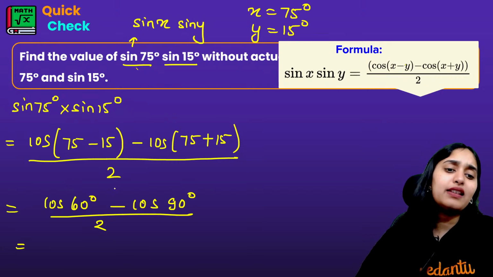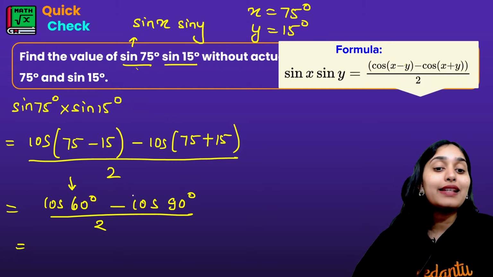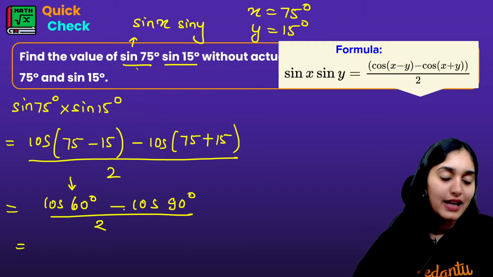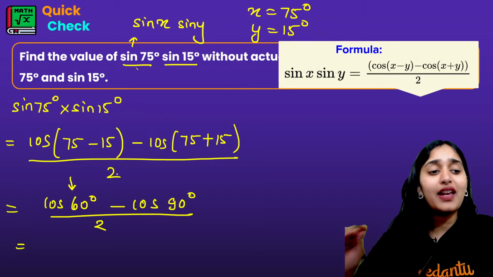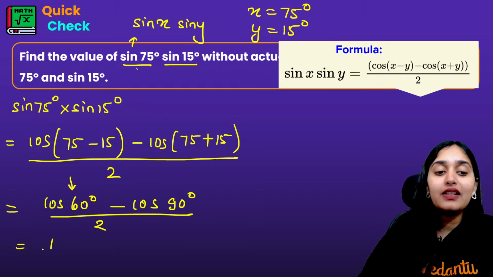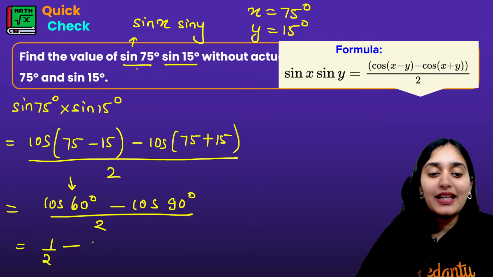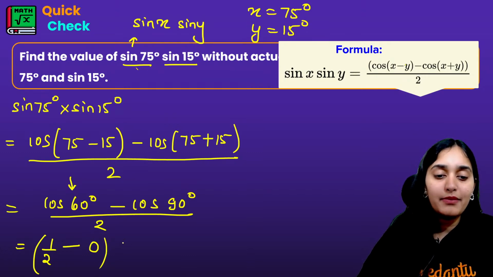How much is cos 60 degree? Somebody please tell me. How much is cos 60 degree and how much is cos 90 degree? Anyone? Very easy question I am asking. Cos 60 degree is 1 by 2. Cos 90 degree is 0, whole divided by 2.